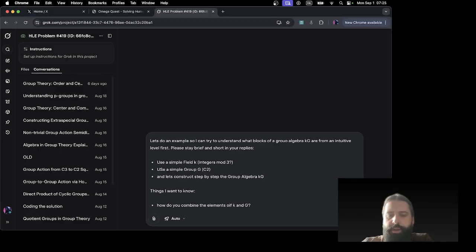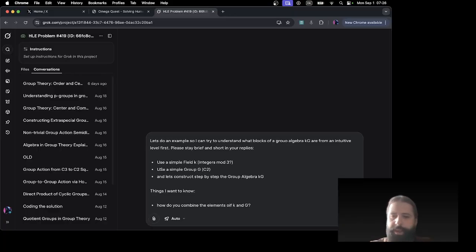I think it also helped me understand intuitively that if in an algebra you have two operations, product and addition, the operation of a group in that context can be interpreted more as composition, I think. So how do you combine the elements?